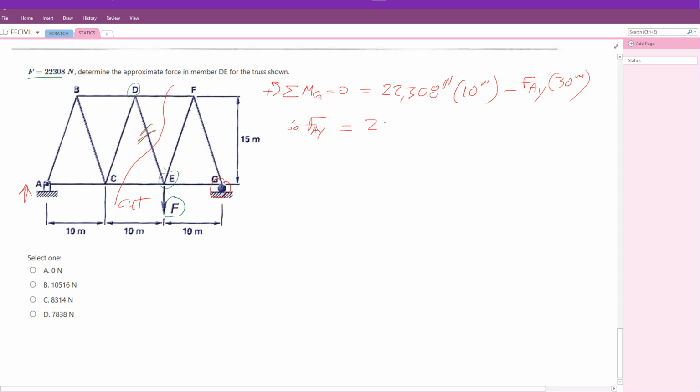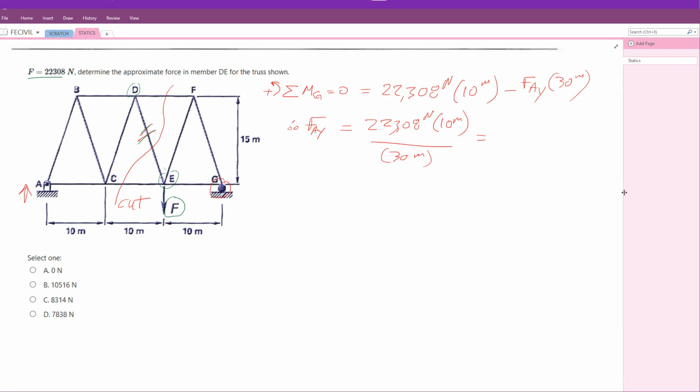It's gonna be 2.2308 newtons times 10 meters, divided by 30 meters. As you can see, the meters cancel and we're left with the newtons. That's what we're looking for.